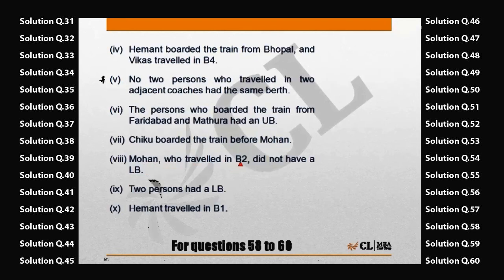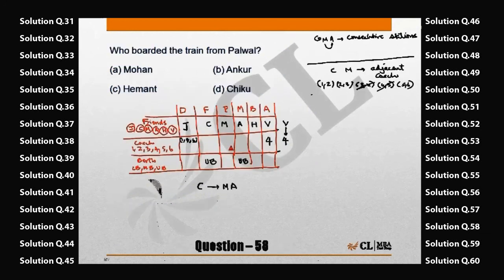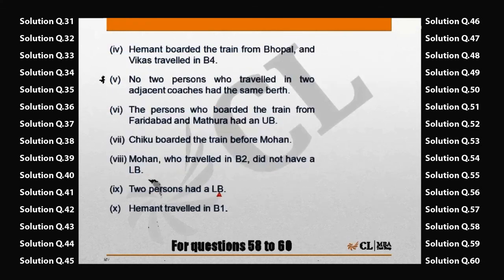Mohan, who travelled in B2, did not have a lower berth. Two persons had a lower berth.